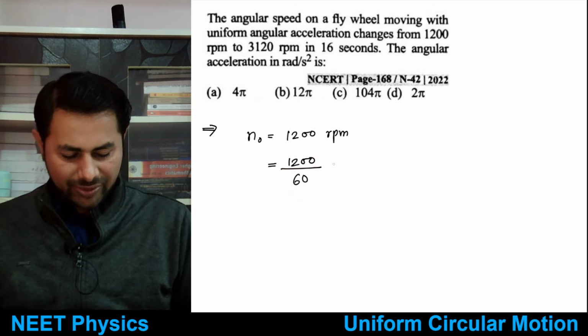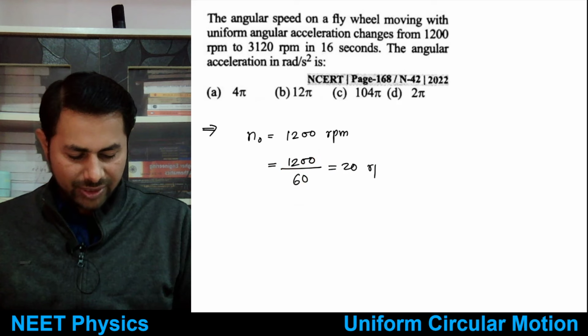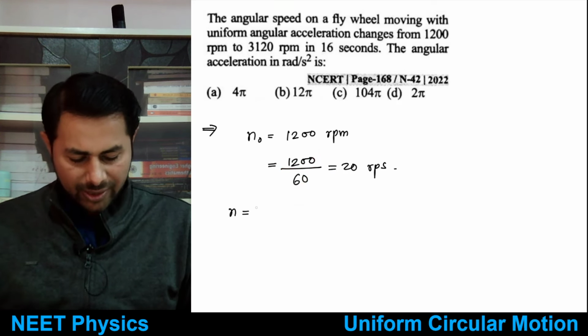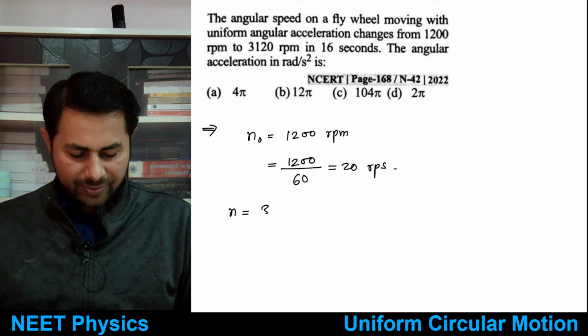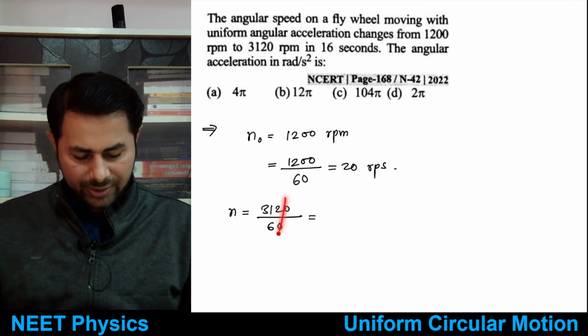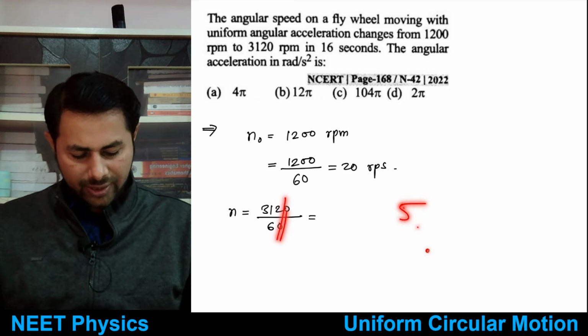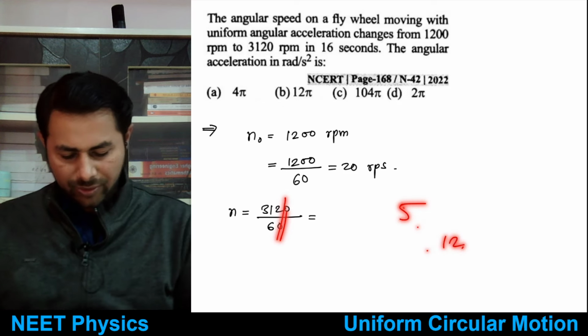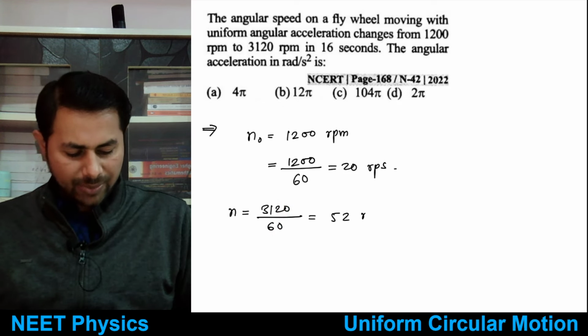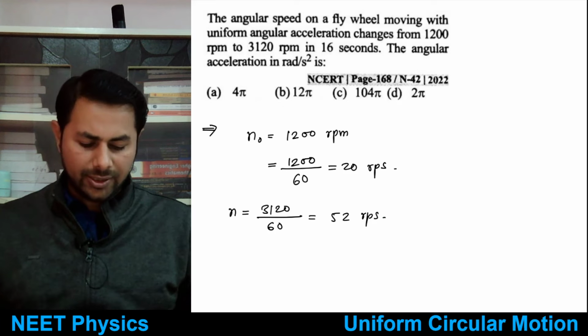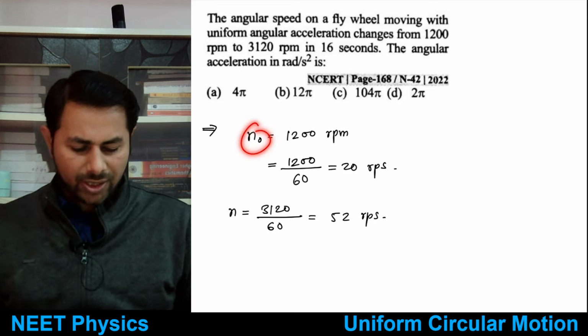So this is equal to 20 rps. And what is n final? It's 3120 divided by 60. So that is 312. 5 sixes are 30, then you have 12, so 52. So 52 rps.